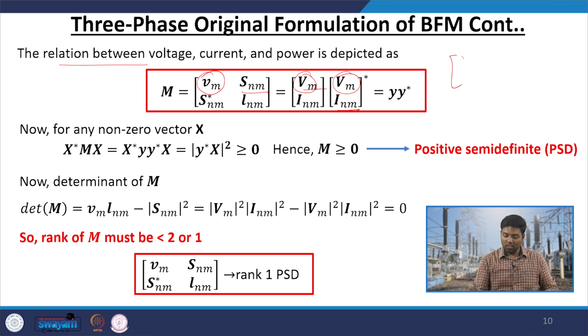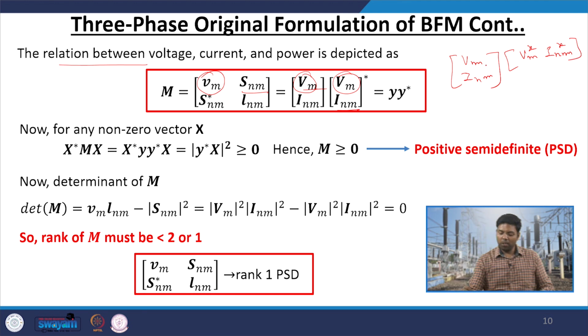You can write it like this, V m, I n m, V m star, I n m star. The first multiplication will give you the square of voltage, the next will give you the complex power, the next will give you the complex conjugate power, and the last will give you the square of the current. If we represent this in matrix form, let us say this is your matrix Y and this is the complex conjugate of that same matrix, so this is Y into Y star.